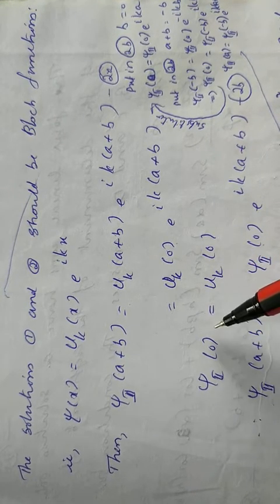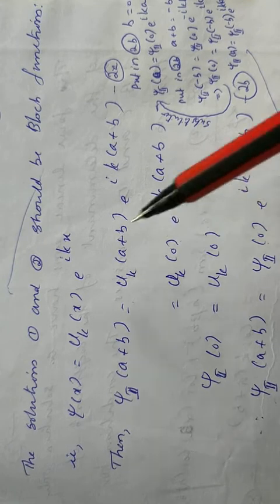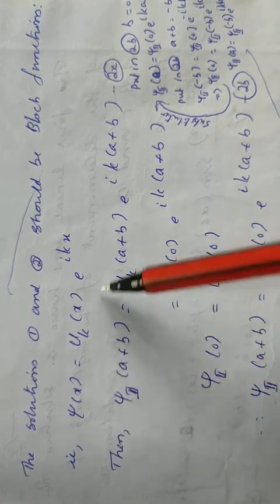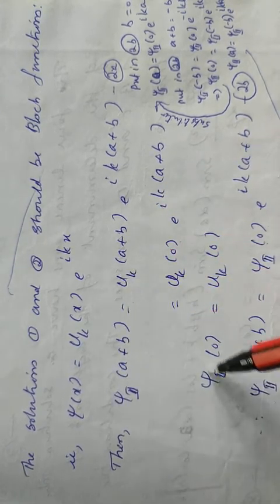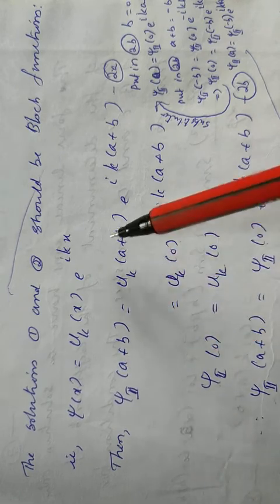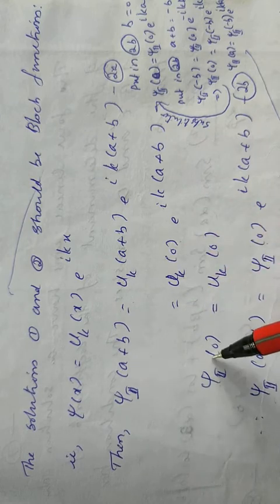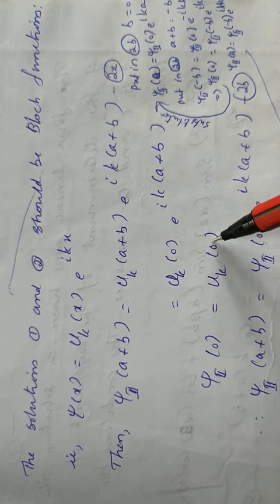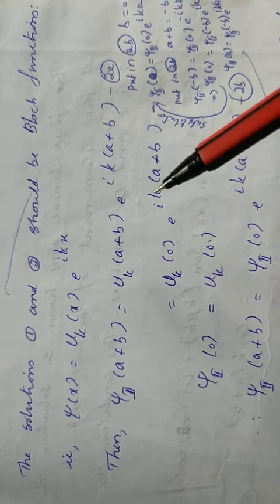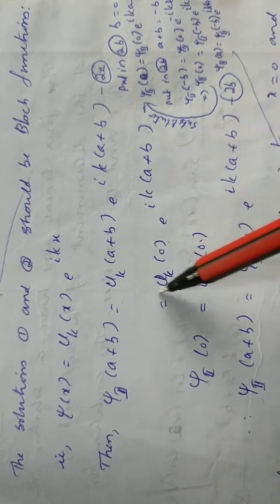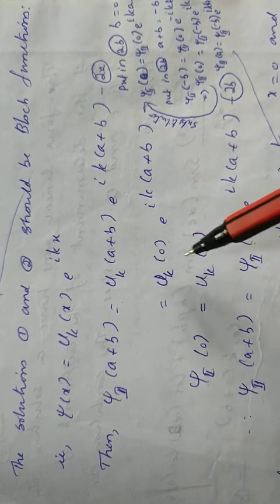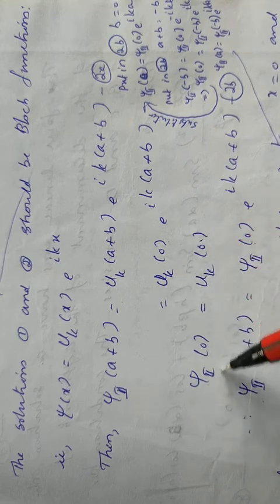Now psi 2 of 0: this equation comes by putting a plus b equal to 0 in this equation. So this will become psi 2 of 0 as uk of 0. So the uk of 0 now becomes psi 2 of 0.